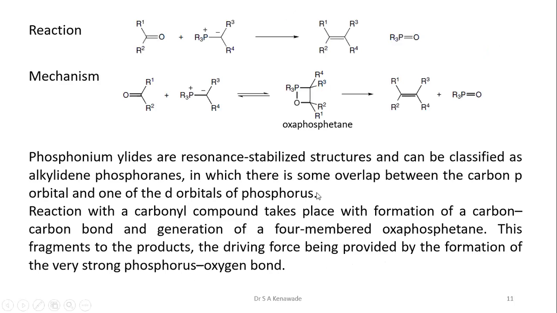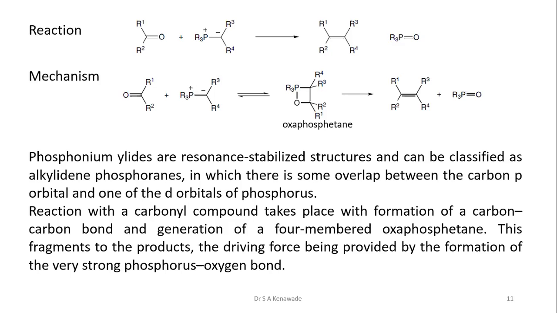Here I will repeat the reaction. The carbonyl compound, a ketone, is used along with triphenyl phosphine ylide. Then it produces the alkene with loss of triphenyl phosphine oxide.